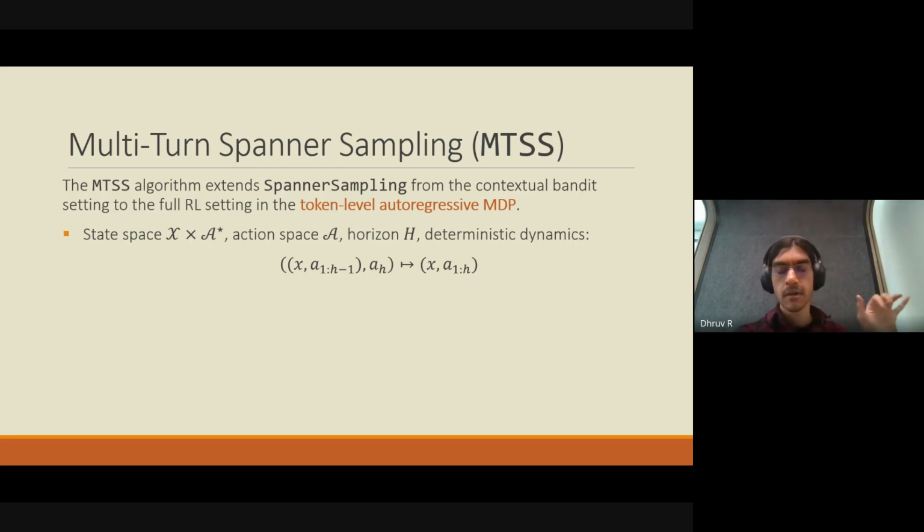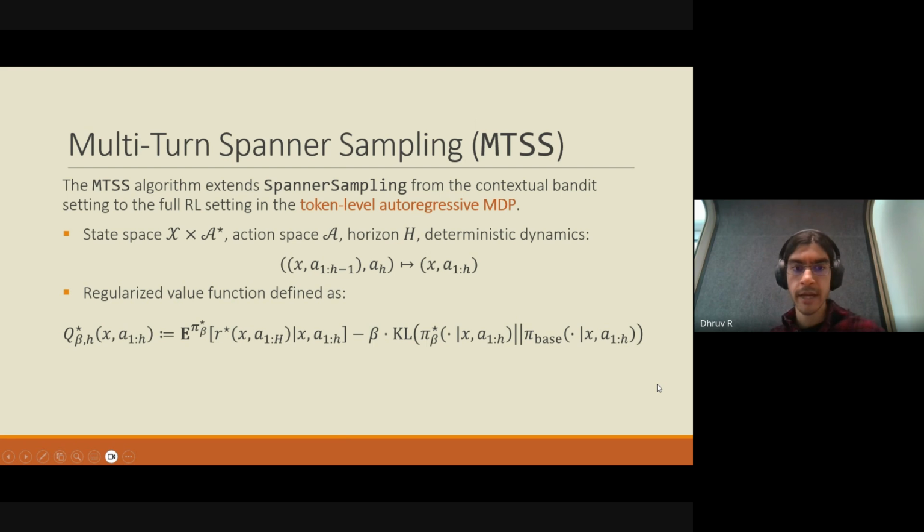You have some string of text, you have some new token, you just add it to your state. And the regularized value function is this quantity here, defined as the expected reward when you roll out under your optimal policy, minus some KL regularization term.